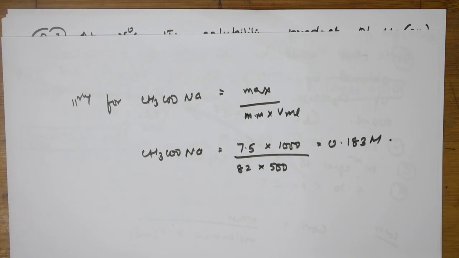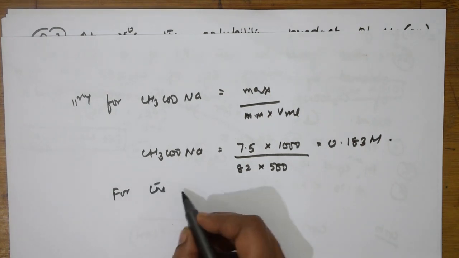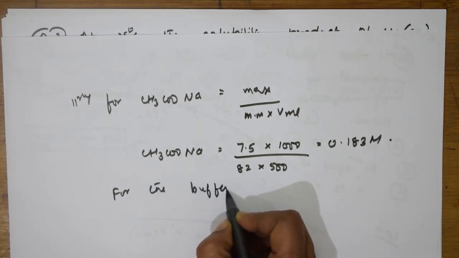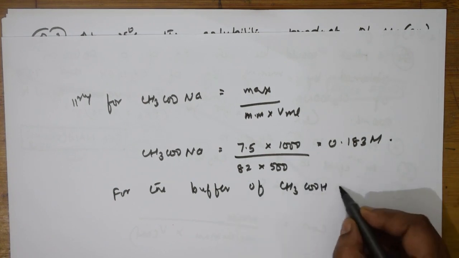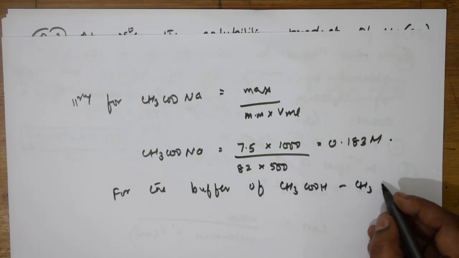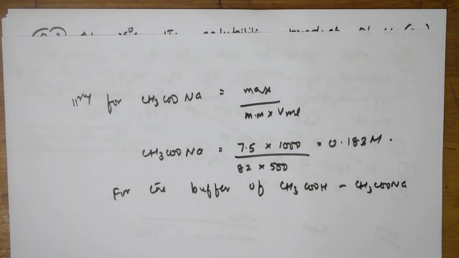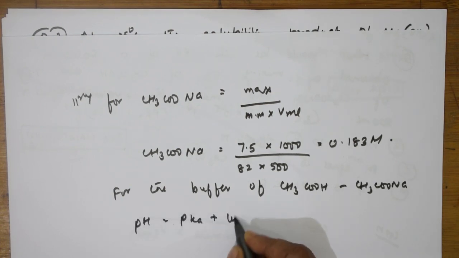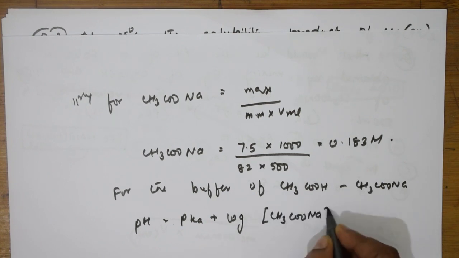Right. So now they asked for the pH of the buffer, isn't it? For the buffer of CH3COOH and its salt of weak acid and strong base, CH3COONa, pH is equal to pKa plus log of CH3COONa over CH3COOH.